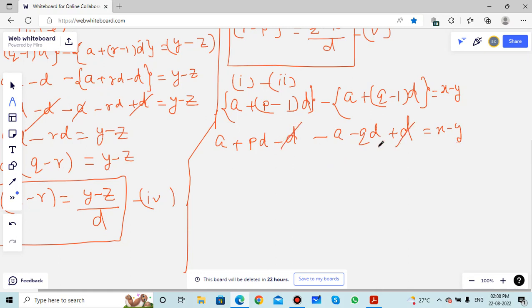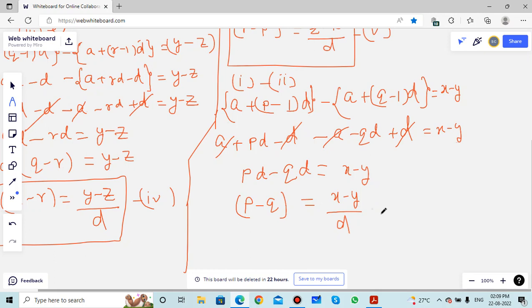See, every time the d will get cancelled, a will get cancelled. So pd minus qd is equal to x minus y. So I can take p minus q is equal to x minus y upon d.